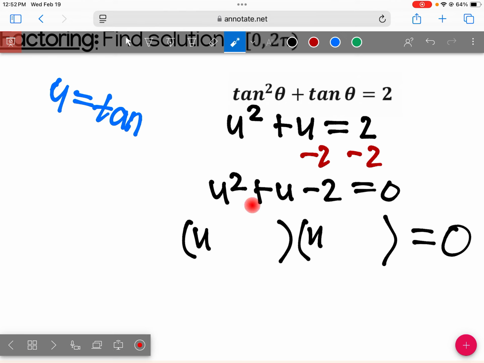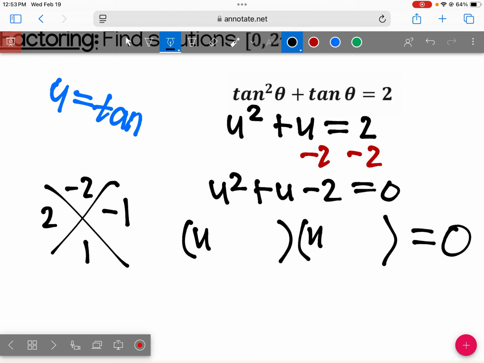What adds to be 1 and multiplies to be negative 2? We don't have to do our box, but we'll draw our X. So I heard a what? 2 and negative 1. So now these are going to be what we plug in over here.